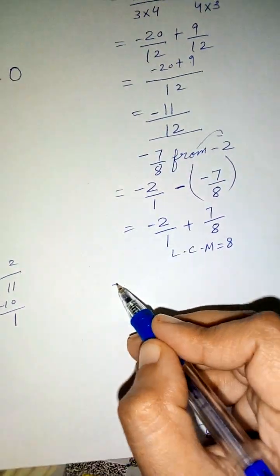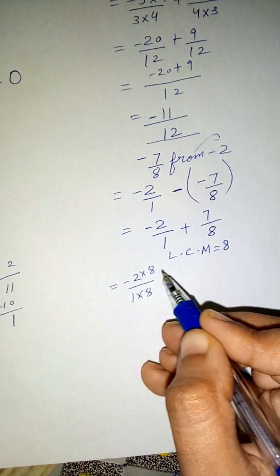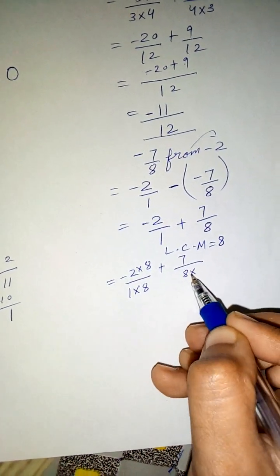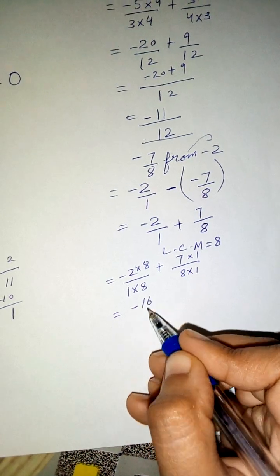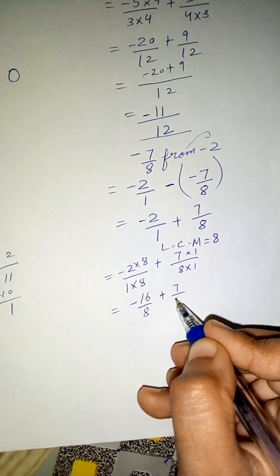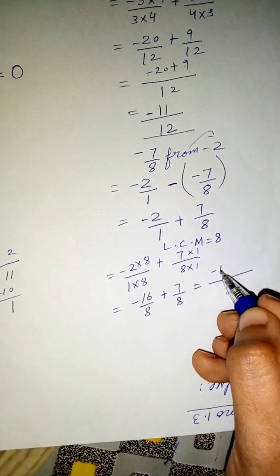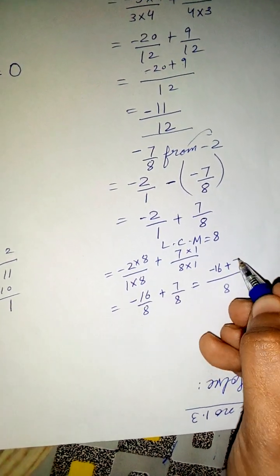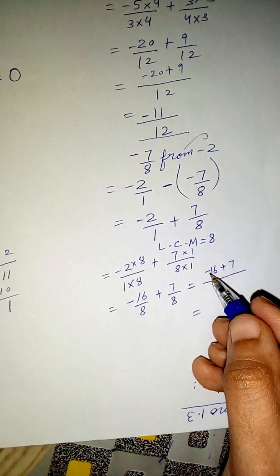Now we can write it as minus 2, 1 multiplied by 8, multiply in the numerator, then 8 multiplied by 1, multiply in the numerator. Now we have 8 times 2 is 16 over 8 plus 7 over 8. Then we will take the common LCM, minus 16 plus 7. Then we need to understand plus minus minus.